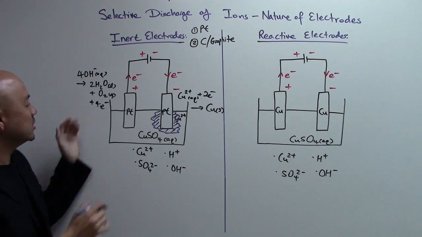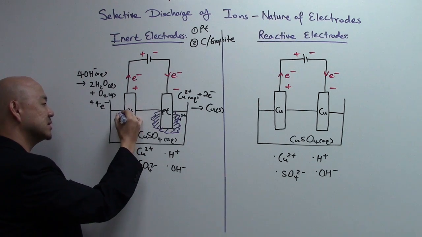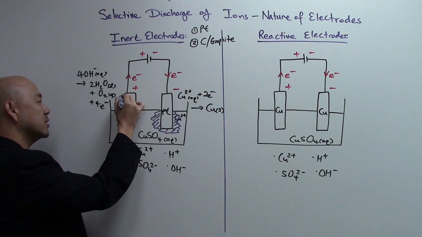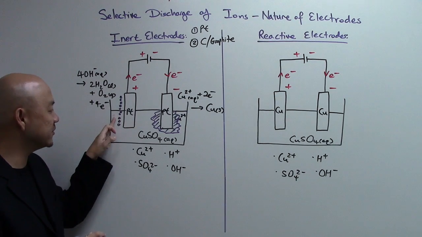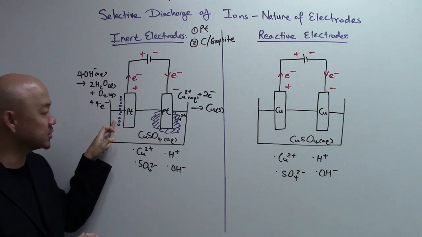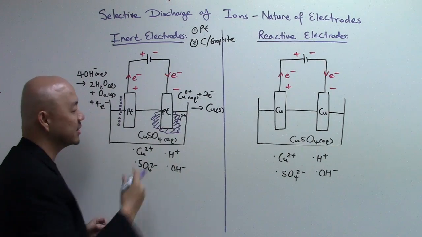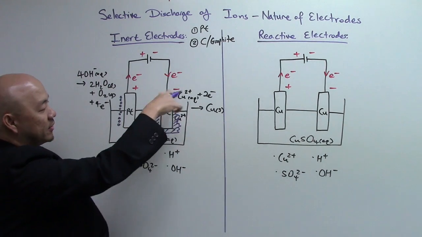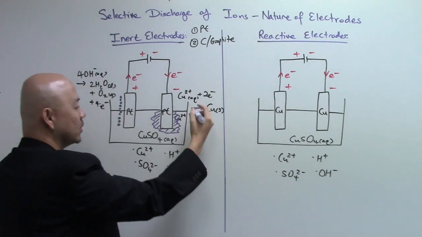So what do you see? You're going to see bubbling, or you see effervescence. Obviously the oxygen gas will escape, but oxygen is colorless, so you can't see it. So you see effervescence around here in the electrolyte solution. Over here there will be an increase in the mass of the electrode on this side, which is your cathode. So what do you see?